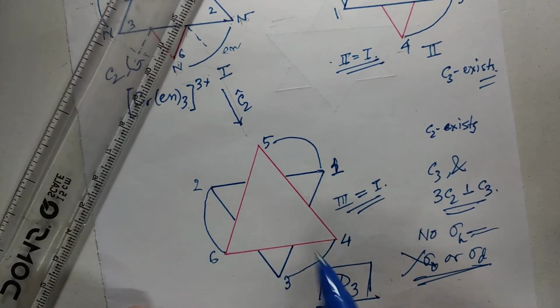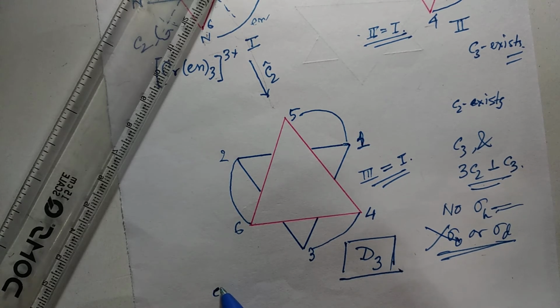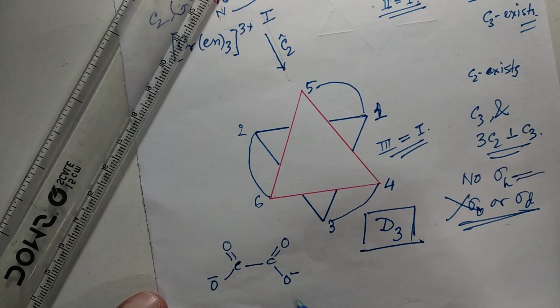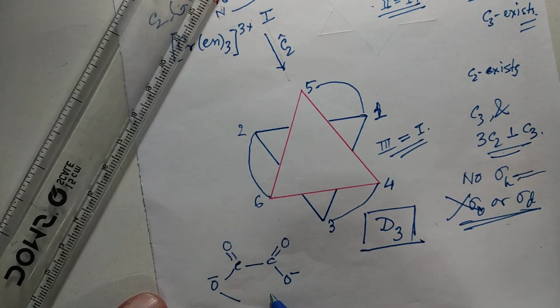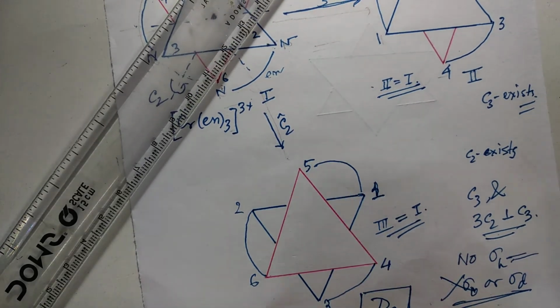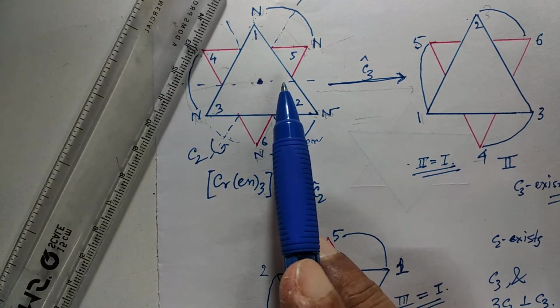If instead of ethylenediamine we take tris oxalato complex, oxalate ion is like this: C double bond O, O minus, C double bond O, O minus. We can take this instead of ethylenediamine. Then also the tris complex will be like ethylenediamine.